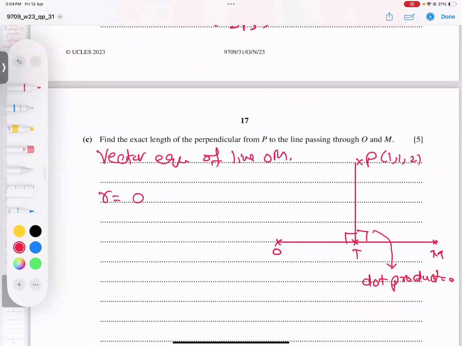Actually, the formula is, you know, students, A plus lambda times B. What is A? A special point on the line, called a point on the line. And B is called the direction of the line.